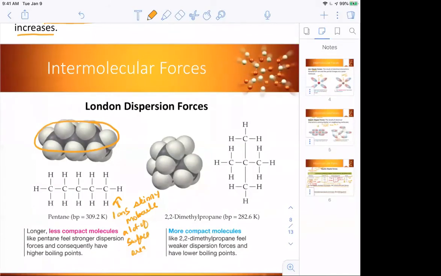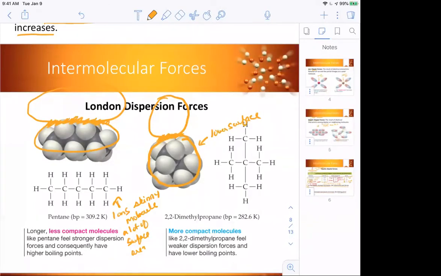So when another molecule that looks like it is next to it, I have this huge interface for interaction. This is going to have lower surface area because the molecule is more compact. So now if I stack another one, I'm only going to have a very small interaction here.